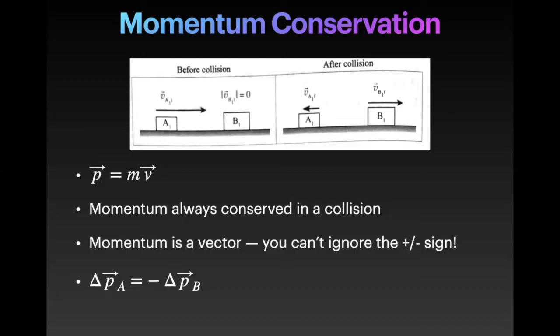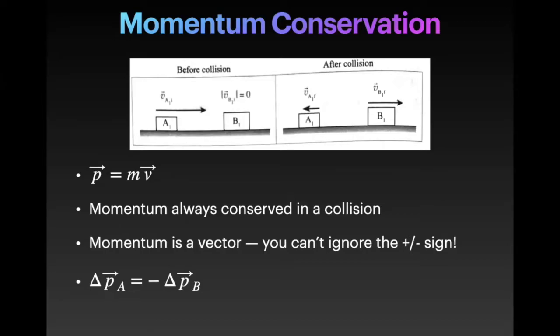Object A runs into it, and then they collide and have final velocities. Momentum is a really simple equation: you just take the mass of the object times its velocity. So both mass and velocity are going to be important as you answer these questions.